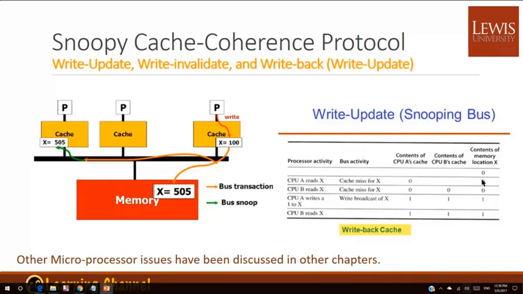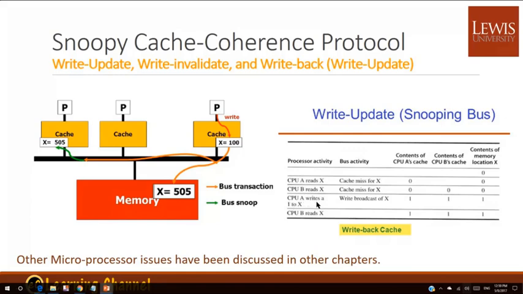The memory location X is 0, so you should get 0 as well. Then if B reads X, there is a cache miss for X in B, B's cache will be missing. A gets 0, B will also get 0. The X location should also be 0.